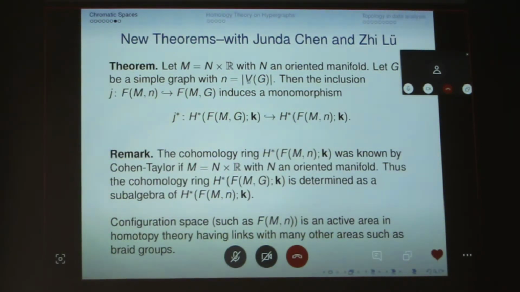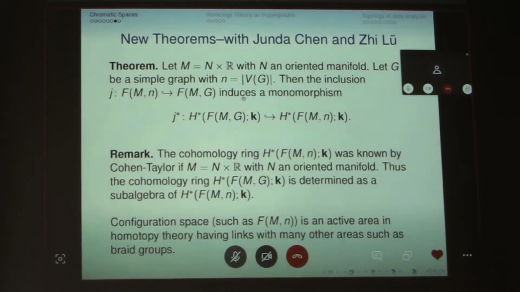Now there's also a subspace, the usual configuration space, where all x_i and x_j are different if i is not equal to j, that means all coordinates are distinct. So the usual configuration space is a subspace of the geometric space.